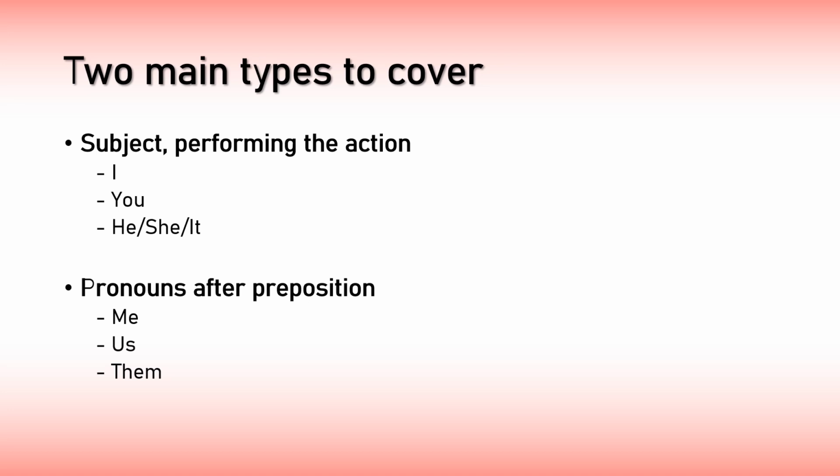So for example, in English, you would use the pronouns I, you, he, she, or it. We have another type, which are pronouns that you use after prepositions. In English, you would use, for example, me, us, or them.